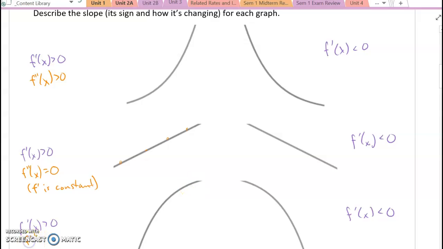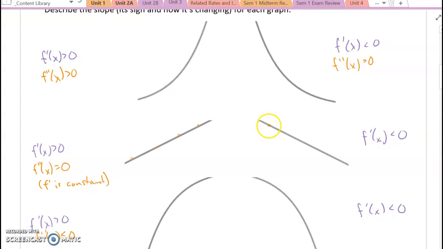So f double prime of x is negative because f prime is getting smaller. F prime is positive, but getting smaller. And then kind of the same idea over here. F double prime of x is positive because we go from a negative value that's far away from 0 to a negative value that's closer to 0. 0 is the big number when we're talking about slopes over here.